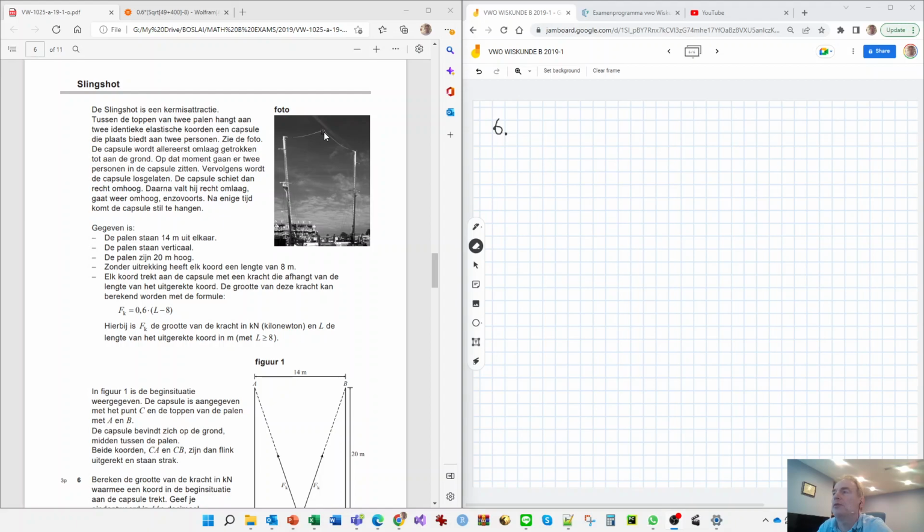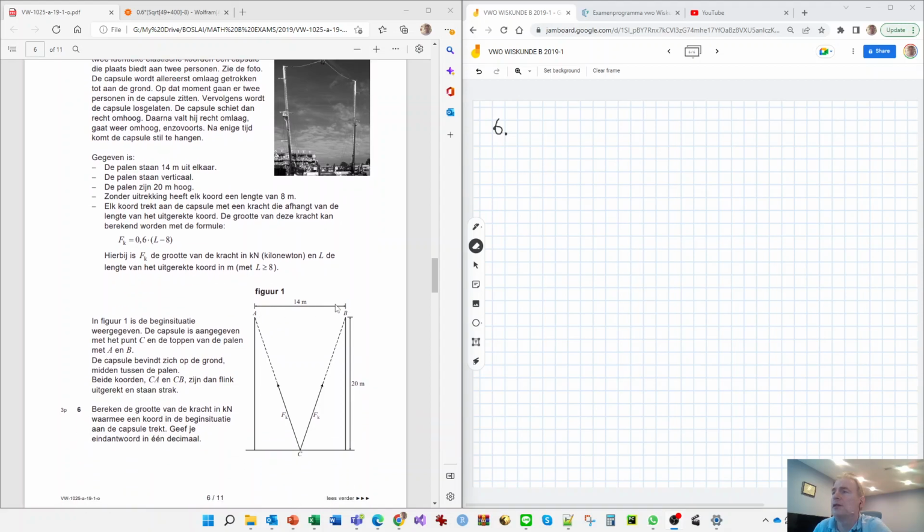And they first pull this thing down to the ground level and then they will shoot this thing vertically up, and after some time the capsule will sit still in some place in between. And we have the posts 14 meters from each other, there's actually a drawing here. They're vertical, they're 20 meters high.